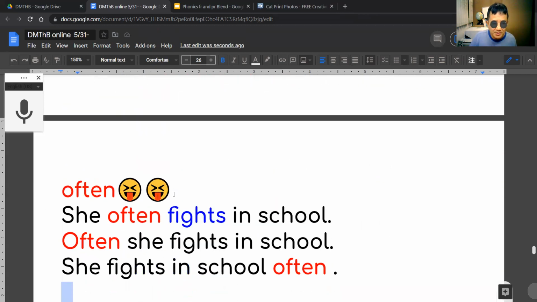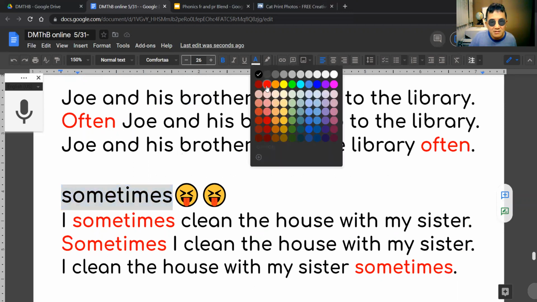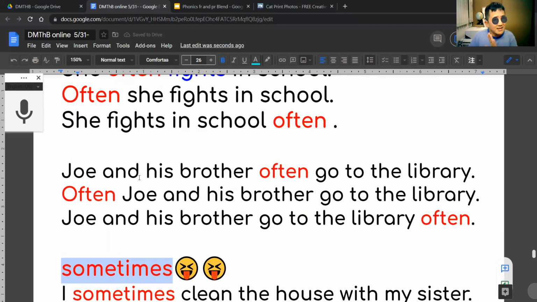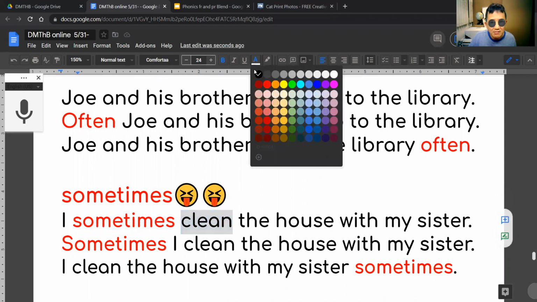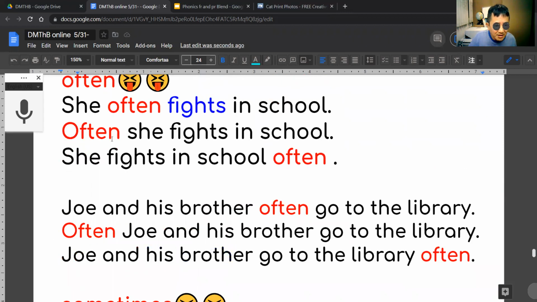There is a third exception, okay? And the third exception is sometimes. And sometimes is equally as naughty as often. It does exactly the same thing, so they are probably best friends or something. Sometimes, in the first example, sometimes is here, just before the common verb, but it moves itself to the beginning, just like often does, okay?